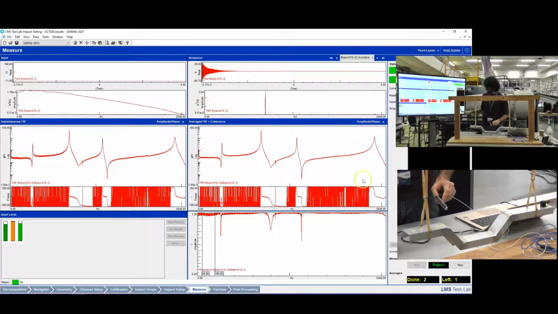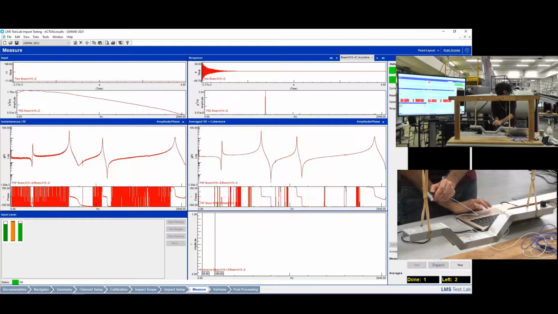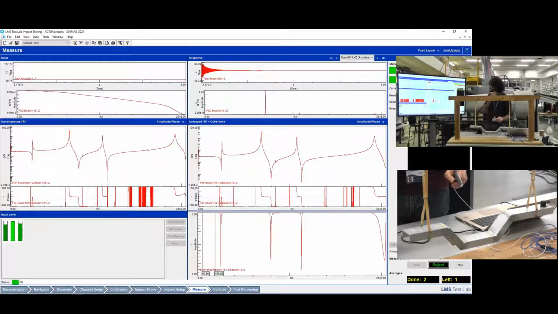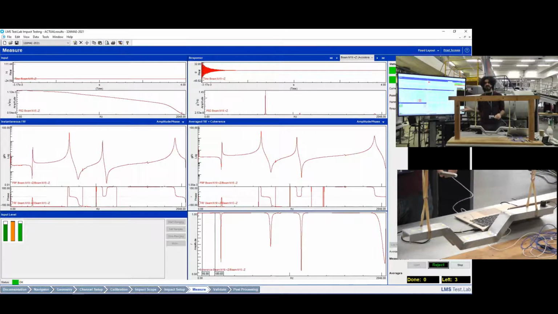But luckily, we can reject our last impact so that your test is not wasted. So still doing 15. Number 2, again. And number 3. Now this is all thanks to the software, because ideally if you didn't have a software, you would have to accept it and redo point 15 from scratch.